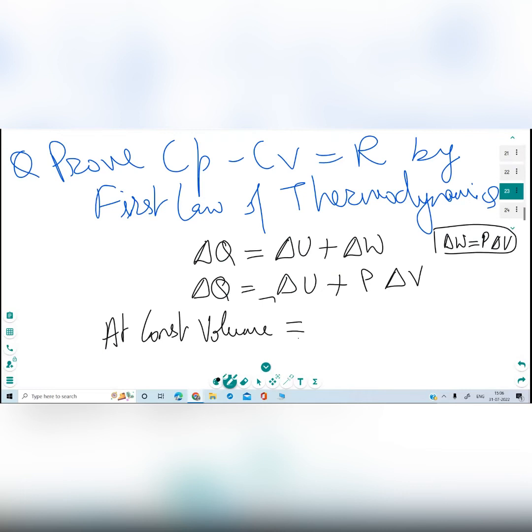At constant volume, the change in volume will become zero. Why zero? Because we said change in volume and I'm saying it is constant, so there is no change. So that's why it becomes zero, correct?